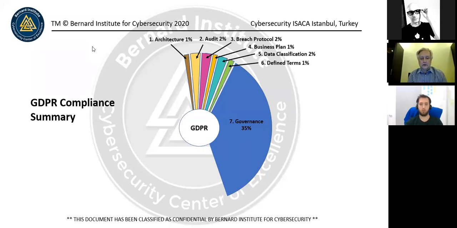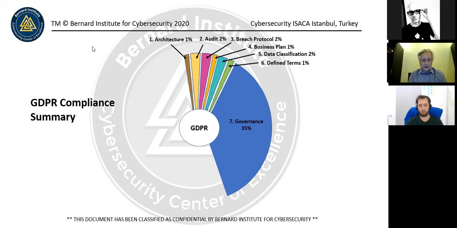And it doesn't mean that you have a governance committee that spends 35% of their time working on GDPR. What it means is that of all the articles, 37% touch on some aspect of governance. And so you need to have a pretty good governance framework from a governance committee right down into the organization and around the decisions, roles and responsibilities.